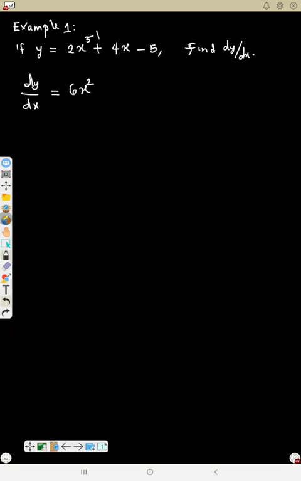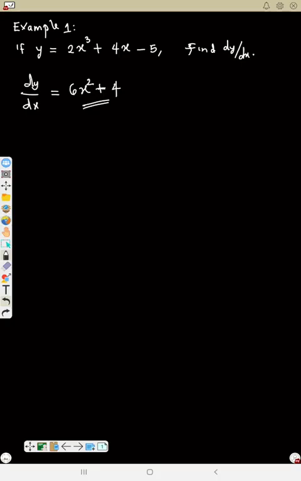Plus, if you differentiate 4x, you get 4, because the power is 1. Remember, we have done that too. And minus 0, because this is an ordinary number without x. But I don't need to be writing 0. So the answer is 6x squared plus 4. So that is the answer.